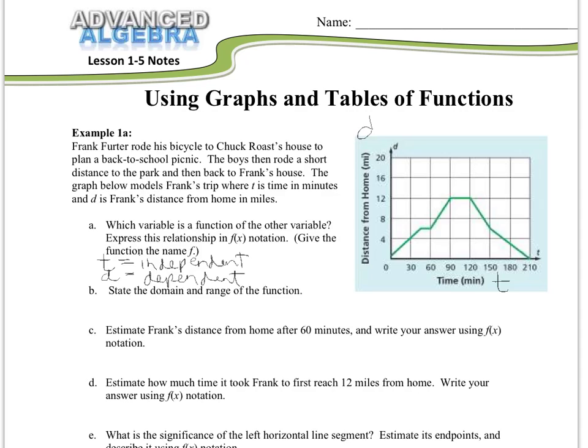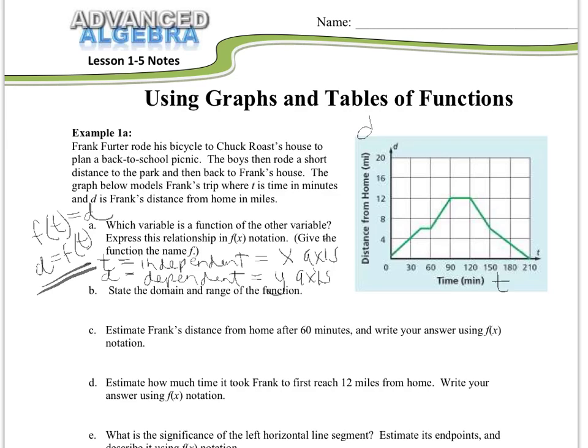The way we can tell that is because the x-axis is always the independent, the horizontal axis, and the y-axis is always the dependent, the vertical axis. But they want us to write this in f of x notation. So we're going to say f of t equals d, or we could say d equals f of t. That's how you would write it.